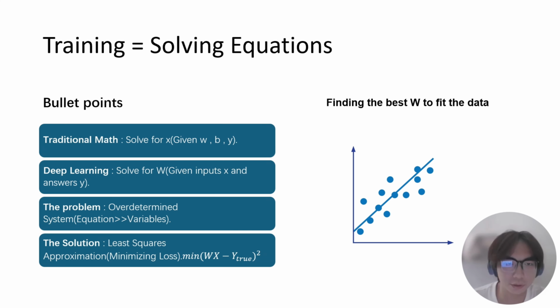Instead, training is the process of finding the best approximate solution. We use algorithms like gradient descent to adjust the line until the error is minimized. We are essentially fitting a linear equation to the real world.